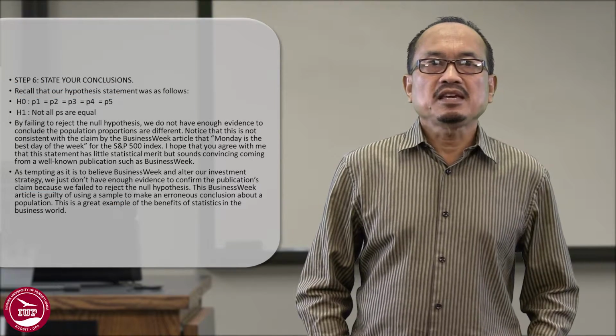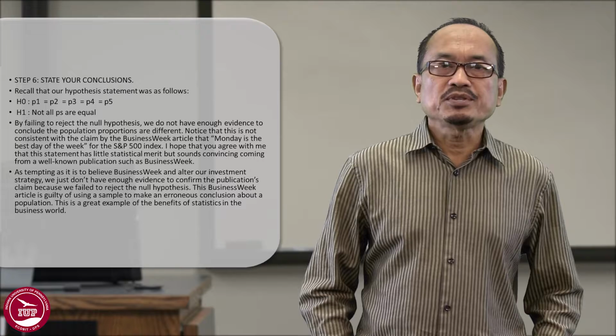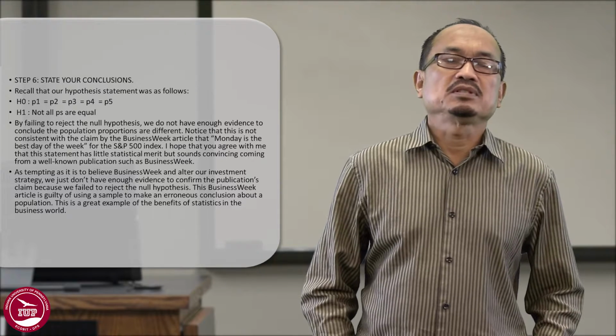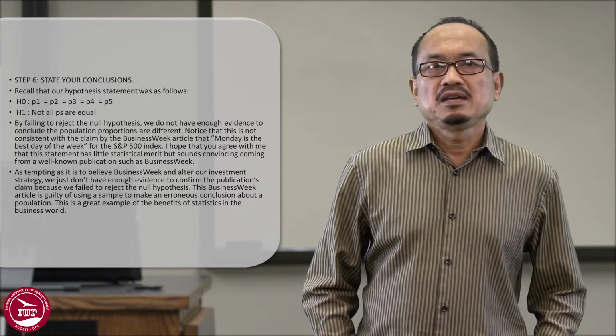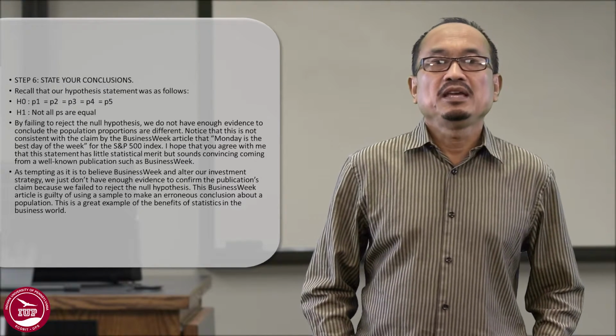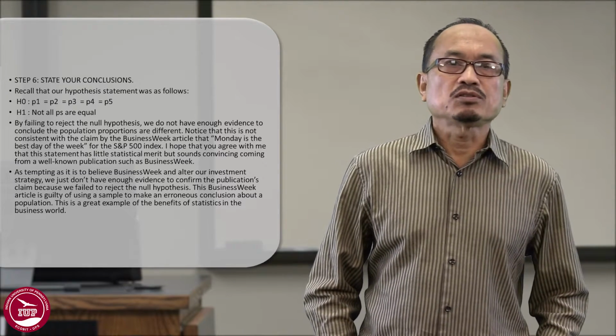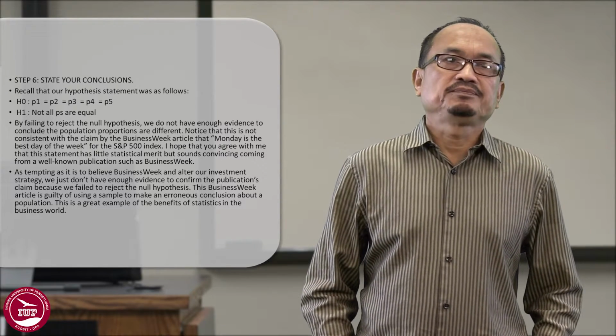Step 6. State your conclusion. Recall that our hypothesis statement was as follows. Null hypothesis, P1 equal to P2 equal to P3 equal to P4 equal to P5. Alternative hypothesis, not all P's are equal.